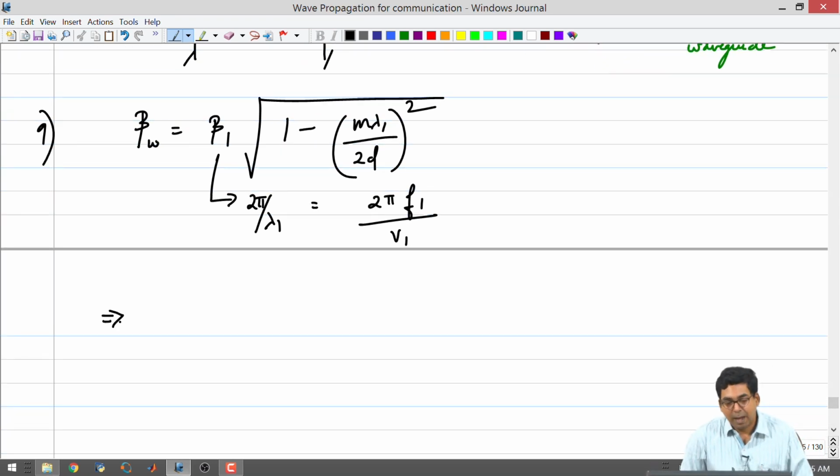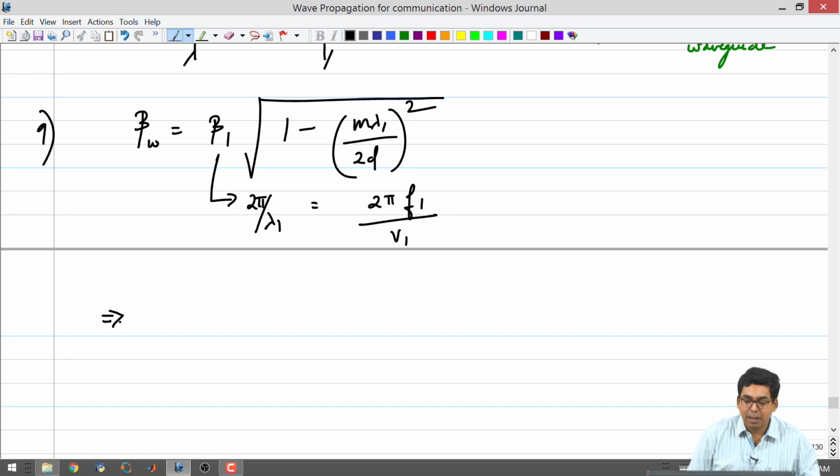Now, I am having the square root of 1 minus something squared. Again, the choice of m is limited. If I make m abruptly large, I will end up with a square root of a negative number, and then I will have j times something multiplied with beta 1. I already have exponential minus j beta 1 something, so that j will multiply with this j, and from being a quantity that tells you that there is a travelling wave, it will look like an exponential decay.